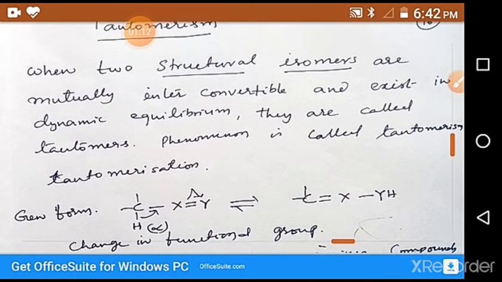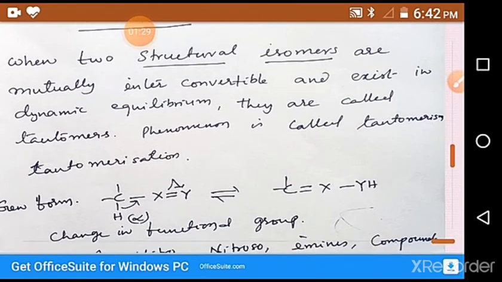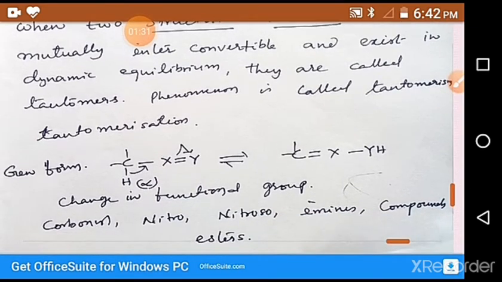Once again, these are structural isomers, that means constitutional isomers, with a change in functional group. When one isomer converts into the other isomer rapidly, that phenomenon is called tautomerism.